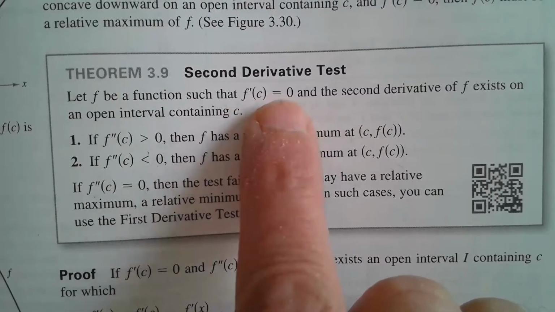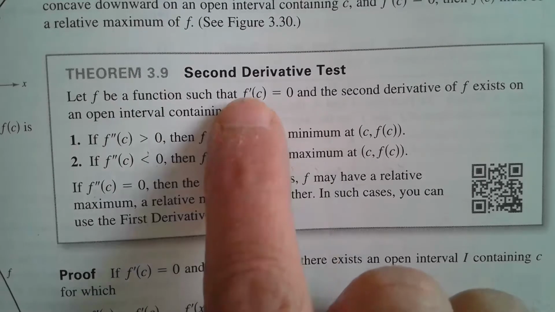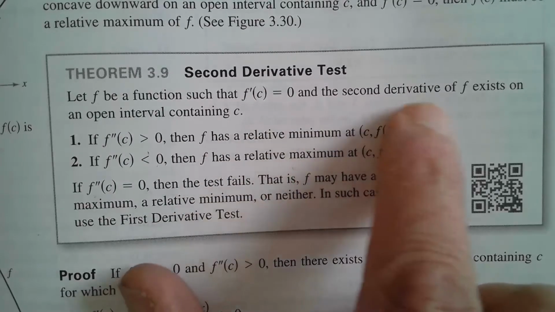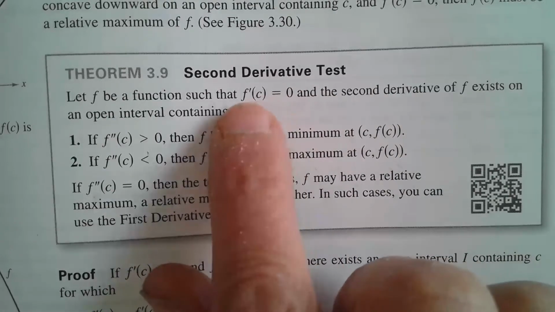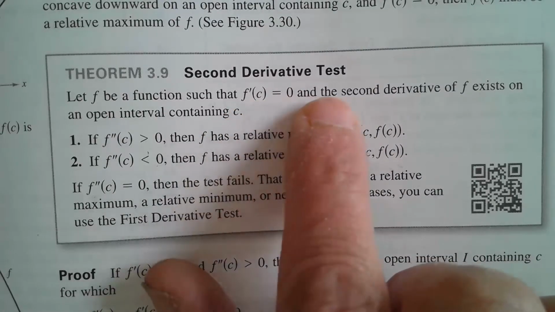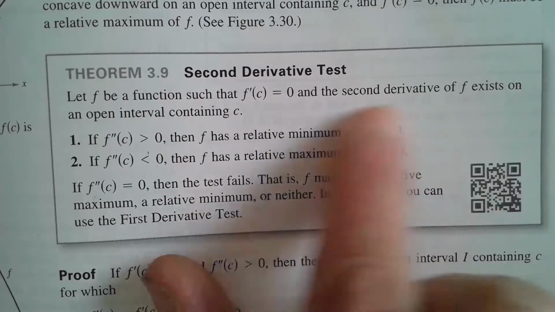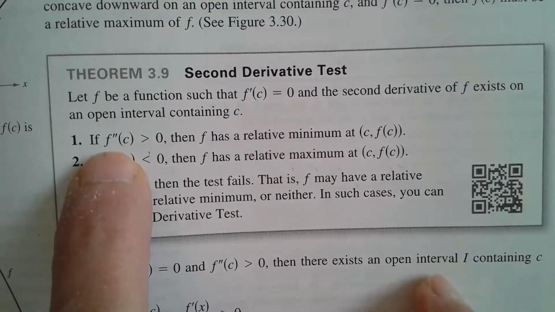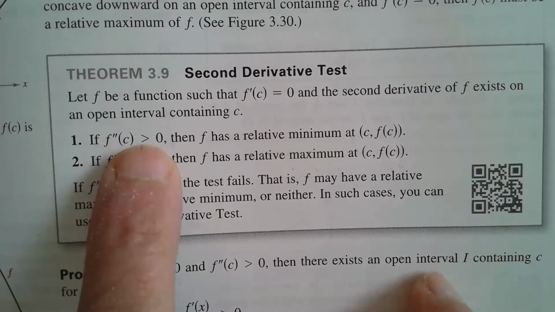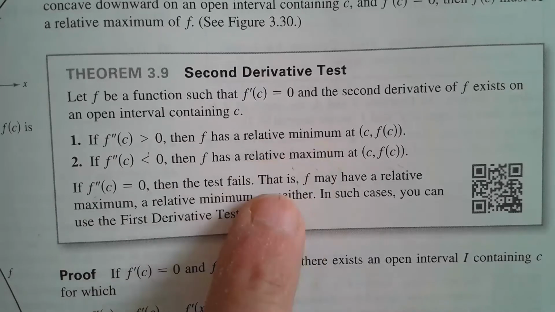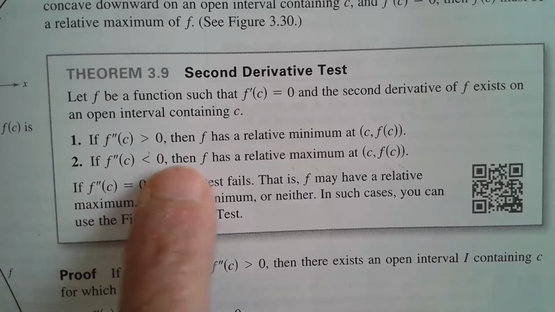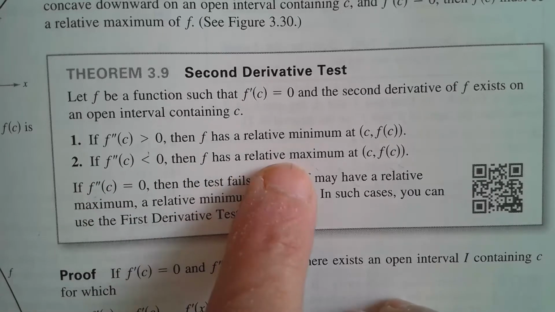So at some critical point, we find the critical point by setting the first derivative equal to 0, and then the second derivative f exists on an open interval containing c, so that the second derivative, if it's at some critical point, is greater than 0, has a relative minimum, and if it's less than 0, has a relative maximum.